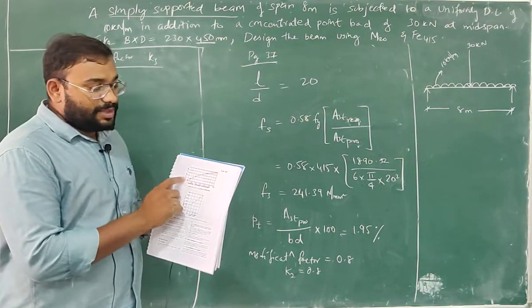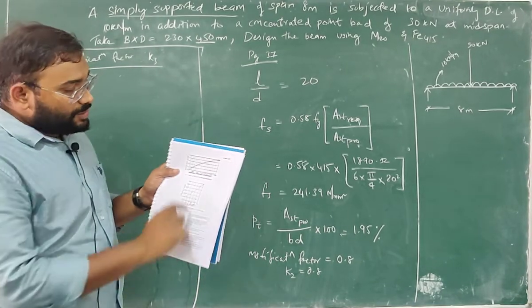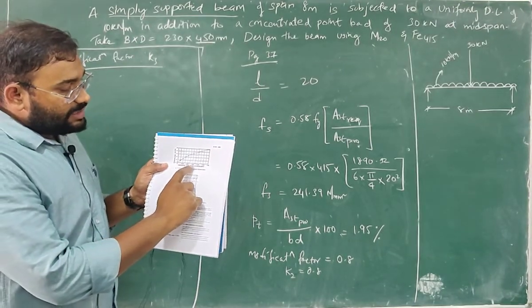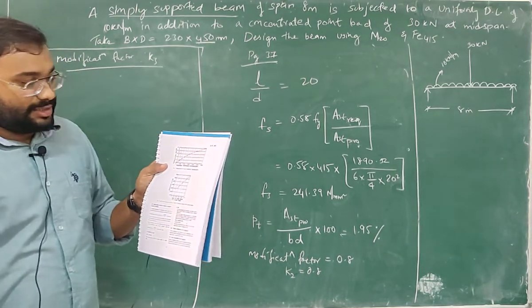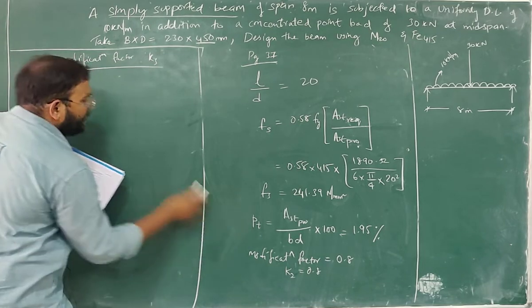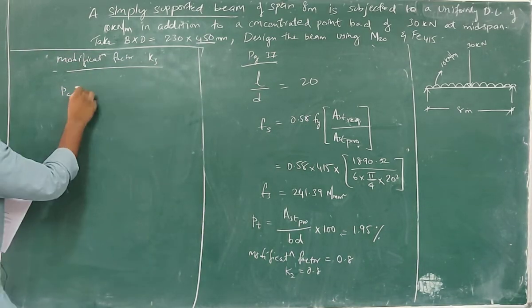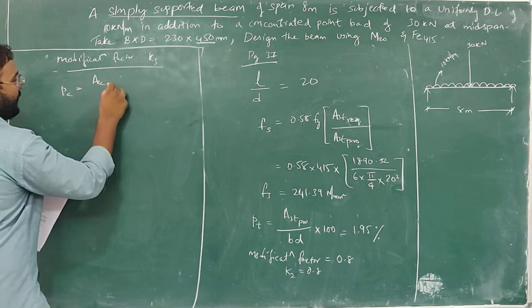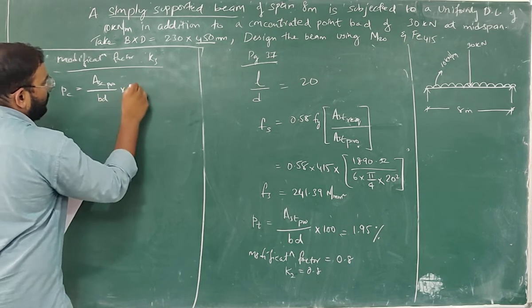Figure 5 is a simple chart given to you with only one graph. So you have percentage compression reinforcement on x-axis and modification factor on y-axis. You need to calculate PC, percentage compression reinforcement. So this is ASC provided divided by BD into 100.